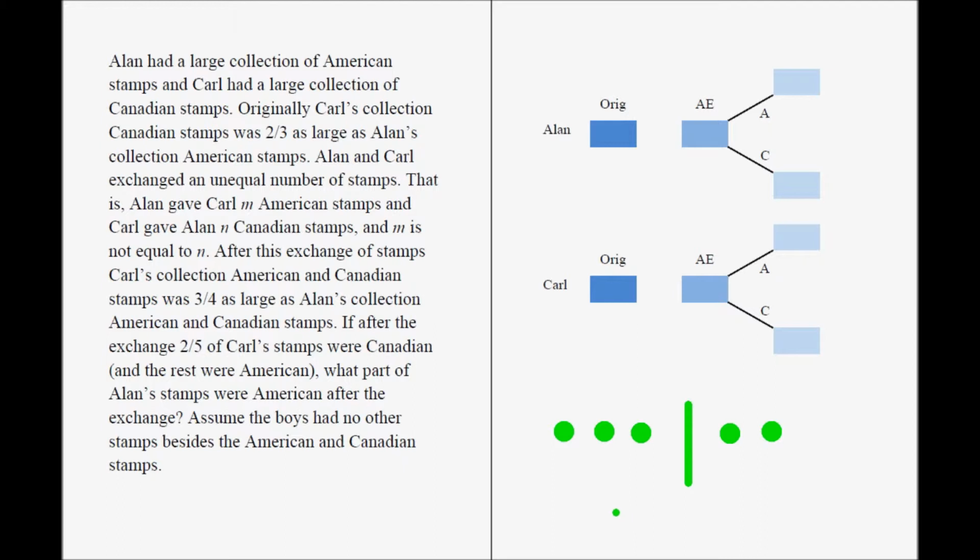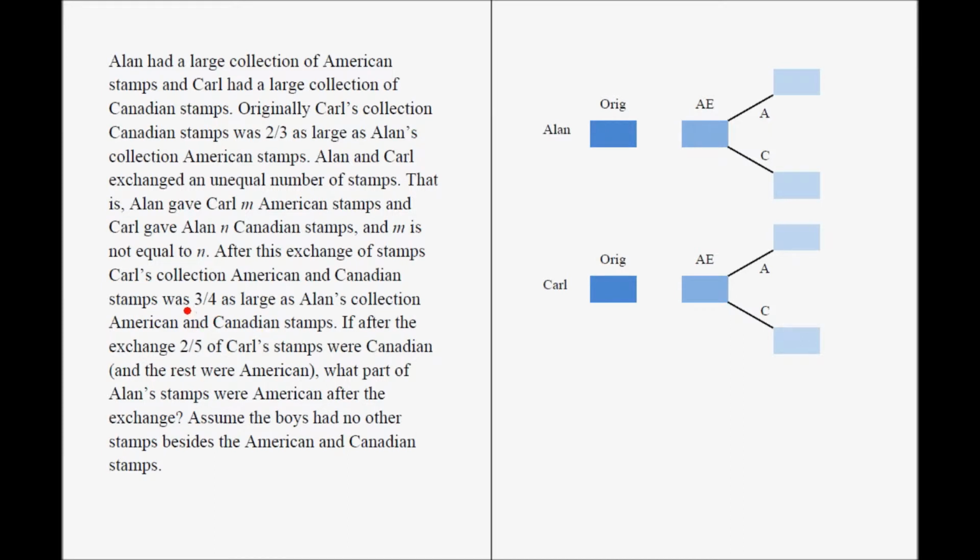Okay, so having said that, let's change the color and say something very similar about the after exchange scenario. What happens after the exchange? After the exchange, Carl gets some American stamps and Alan gets some Canadian stamps. And Alan already had some American stamps and Carl already had some Canadian stamps. However, we know one thing.